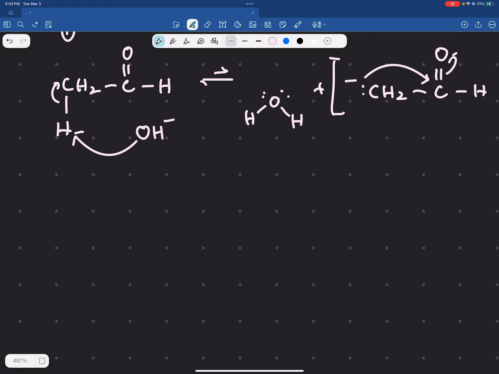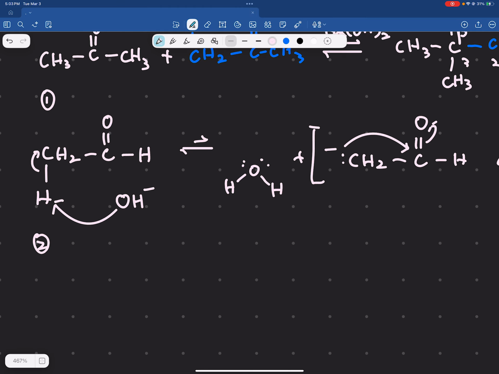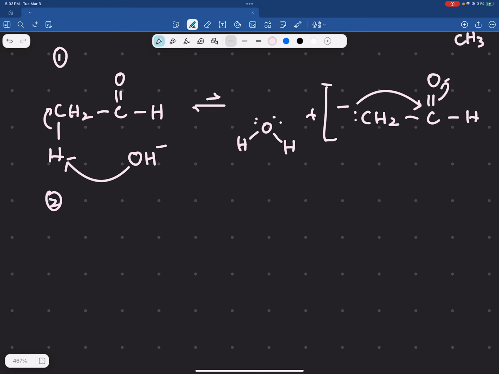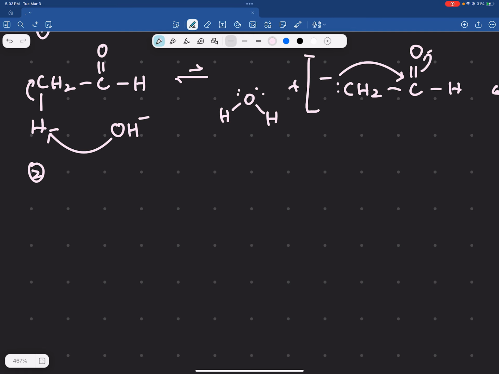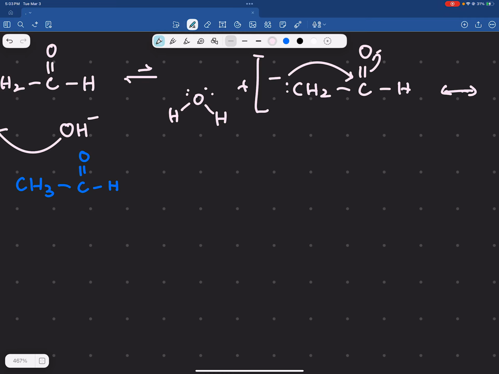The second step is going to be the formation of a new bond between a nucleophile and an electrophile. In the context of our first reaction, this would be our second bit of acetaldehyde plus our enolate anion.